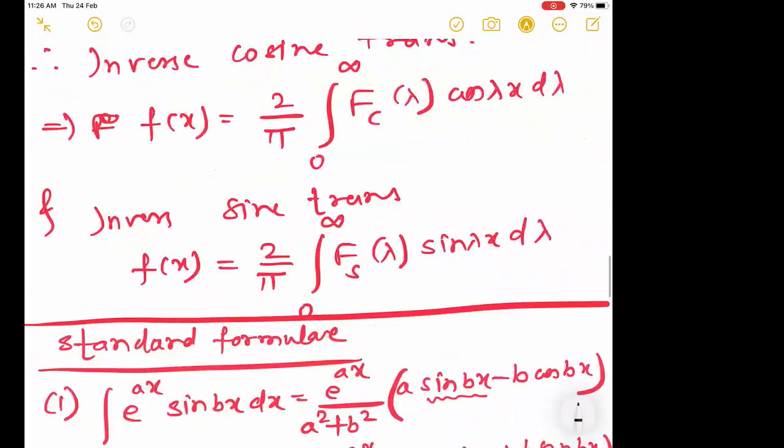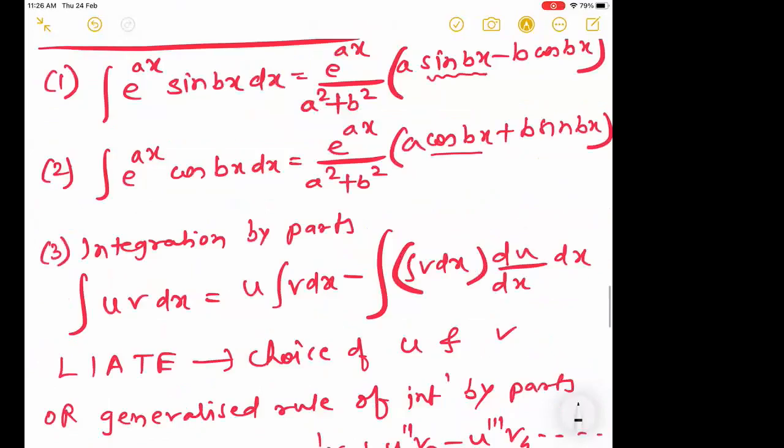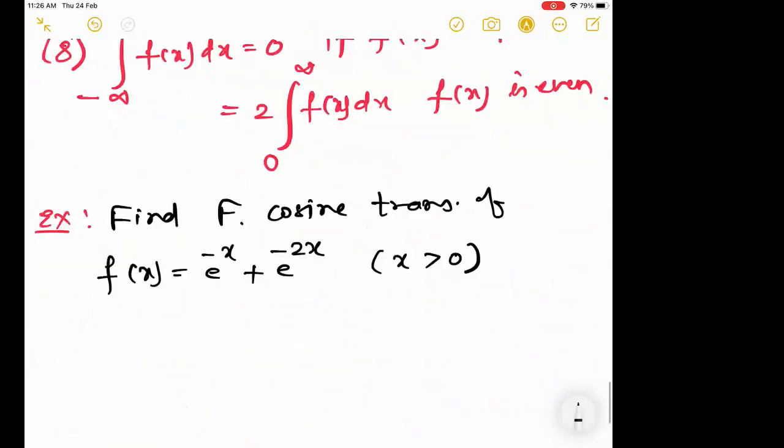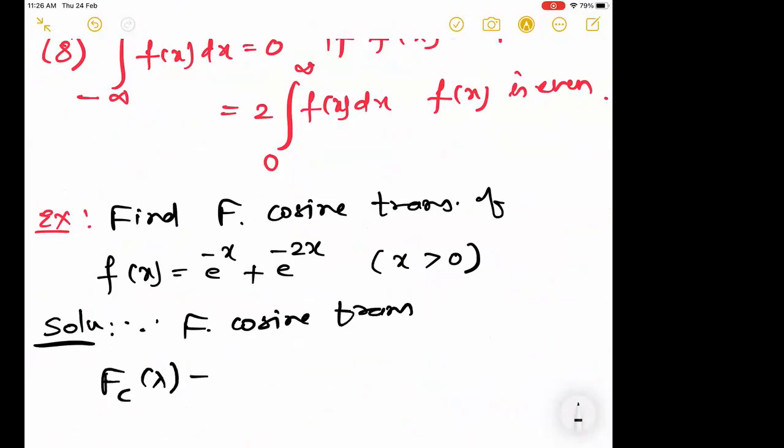First of all, write the formula for the cosine transform. Since the Fourier cosine transform F_c(lambda) is equal to integral 0 to infinity f of u cos of lambda u du.